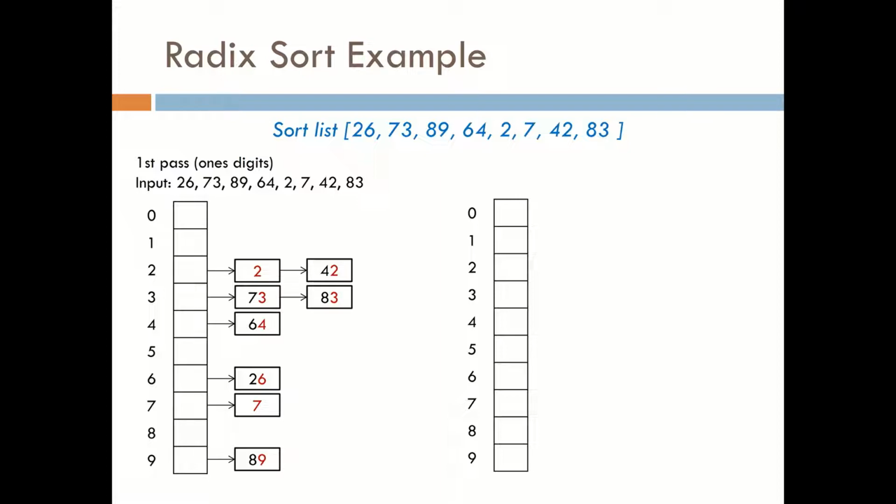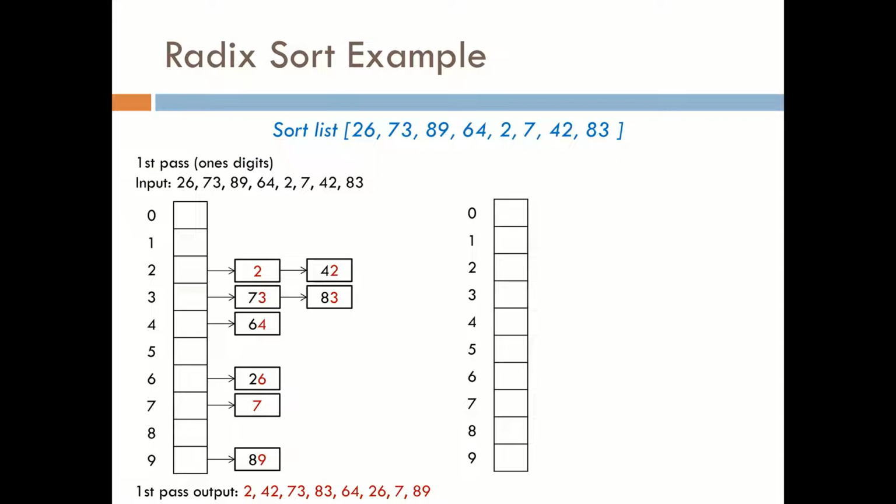Now, to get the output, we're going to read this just like we would a page of text. We're going to go from top to bottom and flow from left to right. So this is the output of pass number 1. It's 2, then 42, then 73, then 83, then 64, then 26, then 7, and then 89.